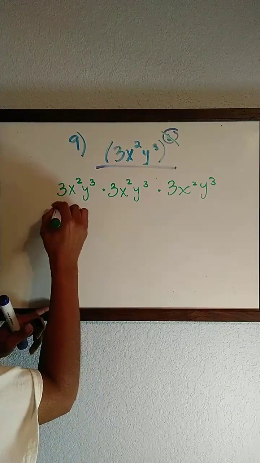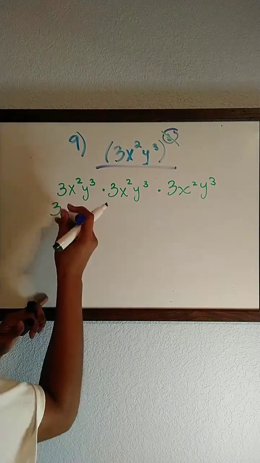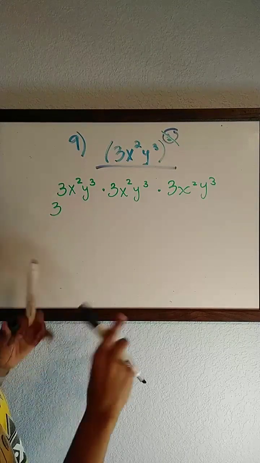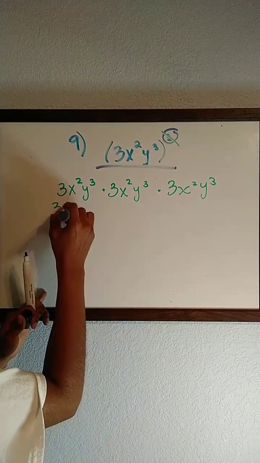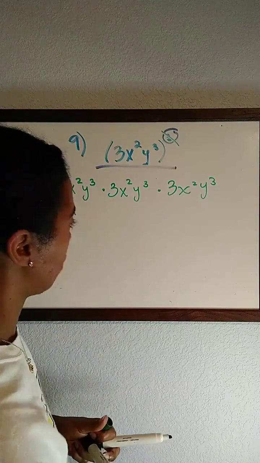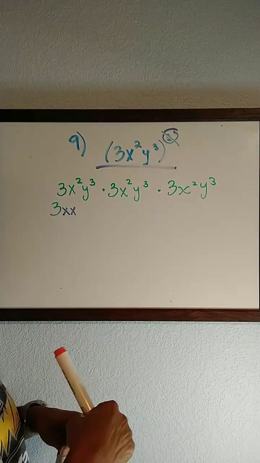So I'm going to say 3, and then I'm going to say x. How many x's do I have? You said x squared, so that would be 2. What about the y cubed? Do I need to write it out too? Yes.